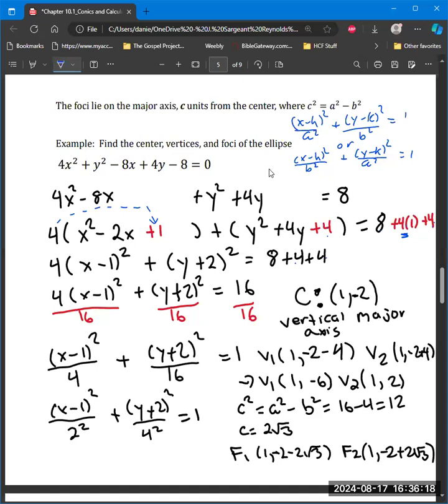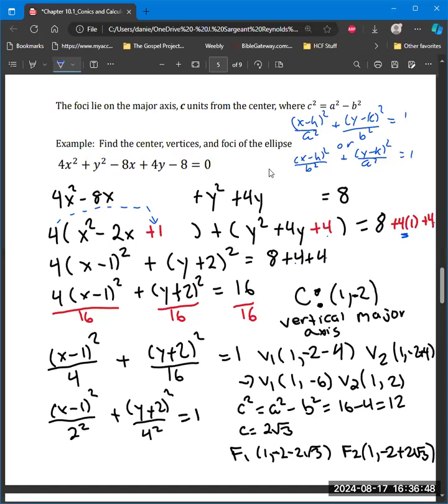I know that I have a vertical major axis here since my a squared was beneath my y part. So my vertices are going to be the y coordinate that I'm going to add and subtract a from. My a was 4, so I've got to leave my x coordinate alone, and I take my -2 minus 4 to give me a -6, my -2 plus 4 to give me a 2, and there are my vertices that are going to lie on my major axis.